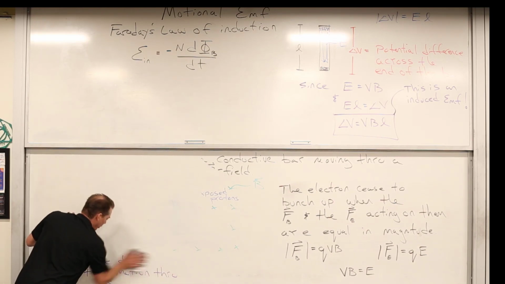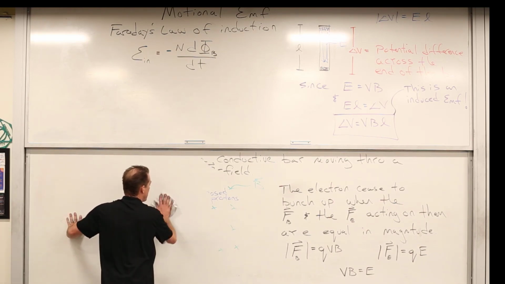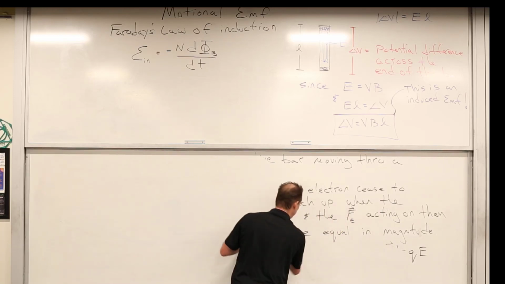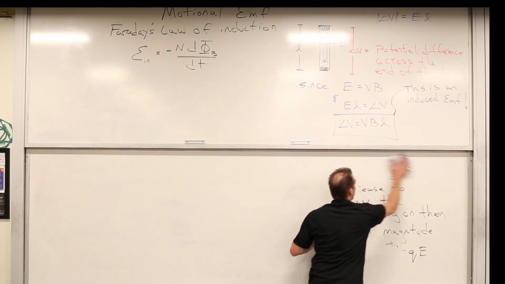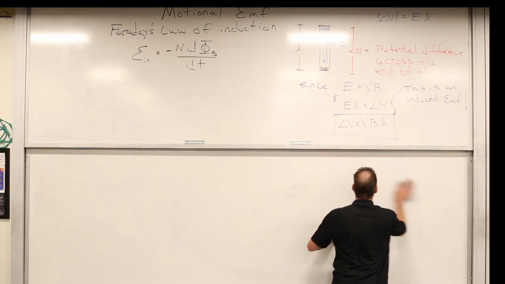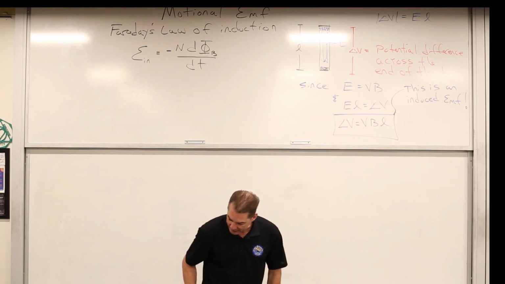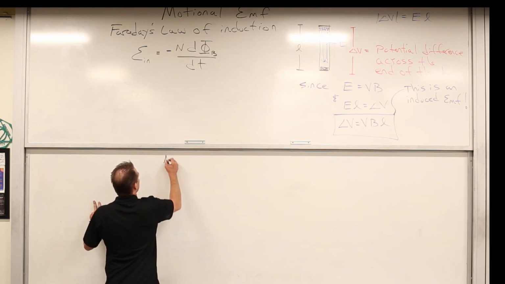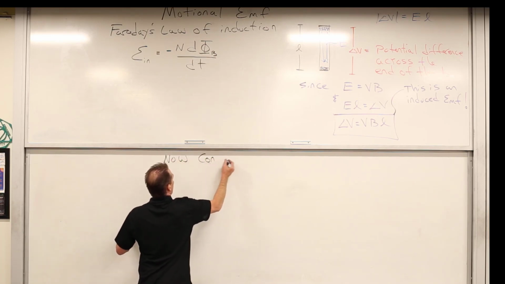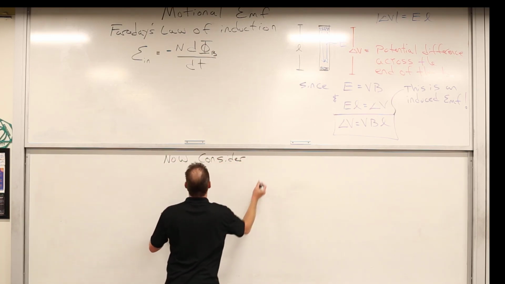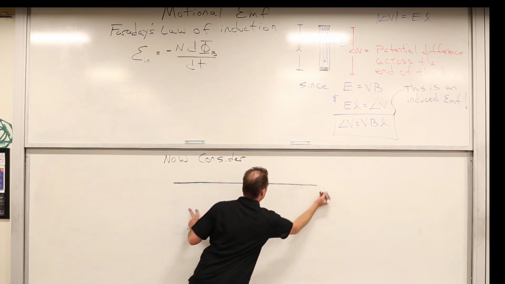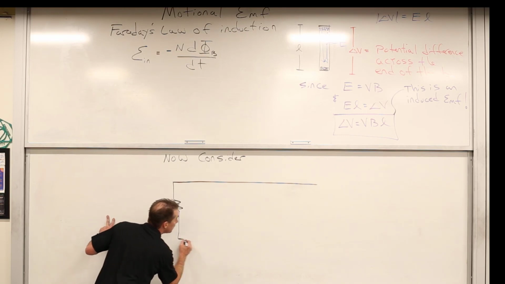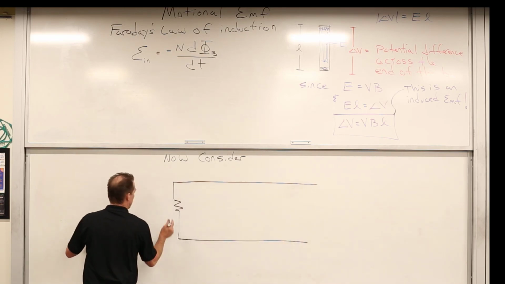So now we will consider a system in which we are sliding a bar across a bare wire that is immersed within a uniform magnetic field, and see if we can get some current out of it. Now consider some resistor.